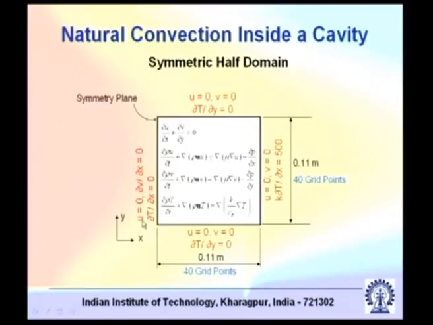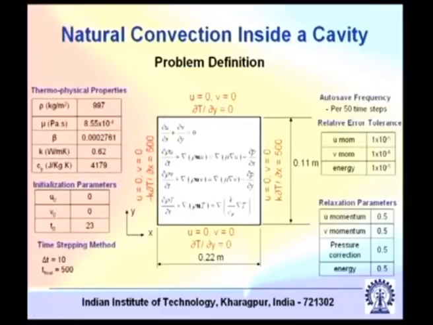What is the boundary condition on u? u equal to 0. Why u equal to 0? See, let us come to the previous slide. If you consider the center line, now if you consider some flow to the right of the center line, because of symmetry the same flow will go to the left of the center line also, so that the net will be 0.